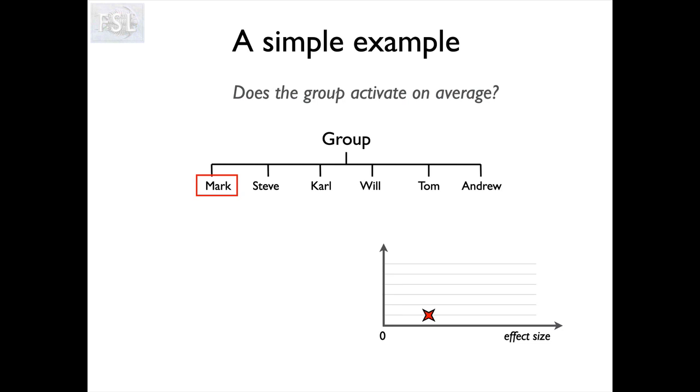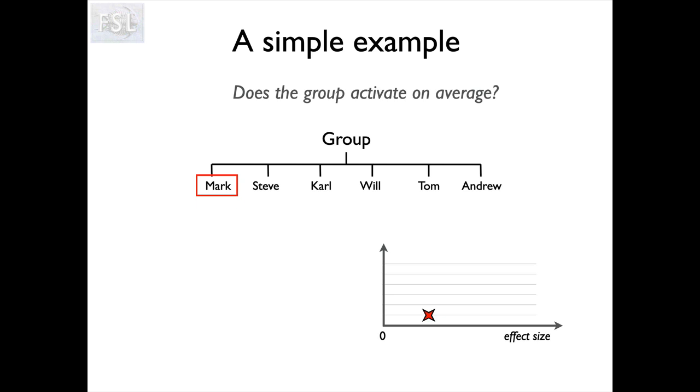That's effectively the beta that we were getting, or the parameter estimate, our PE. We can see how large that is, and that's reflecting how strong the activation was, because it is reflecting the size of the fitted amplitude that we had of our predicted response to the actual data that we recorded. So that's an indication of how strong the response was to the stimulus that we were providing.